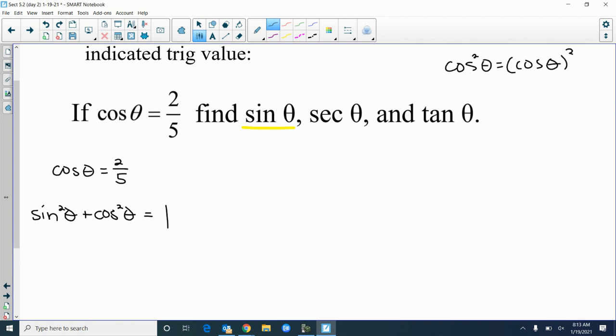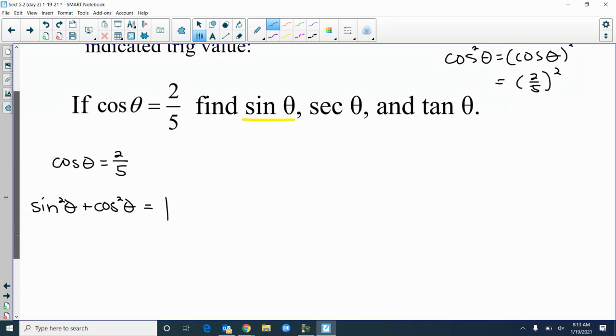What did we just say cosine of theta equals? 2/5. That does not replace the angle, it goes in for the whole thing. So it's really going to become 2/5 squared.